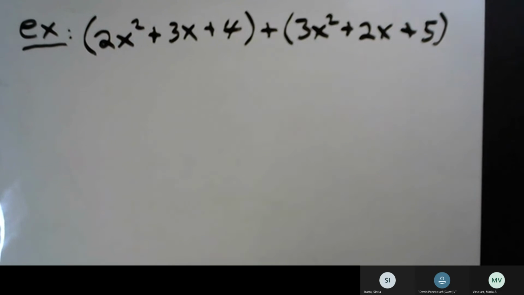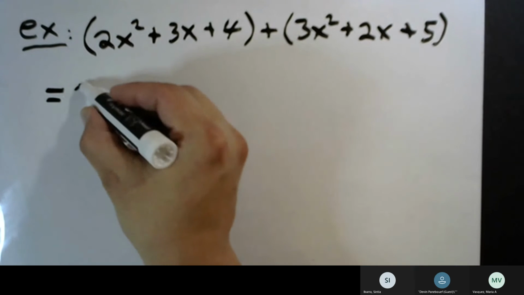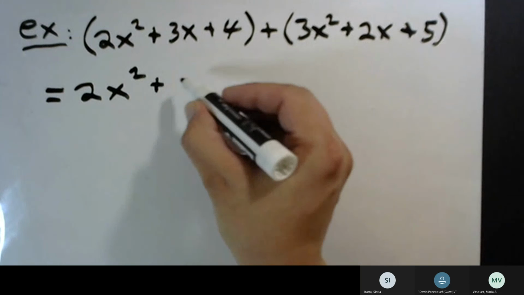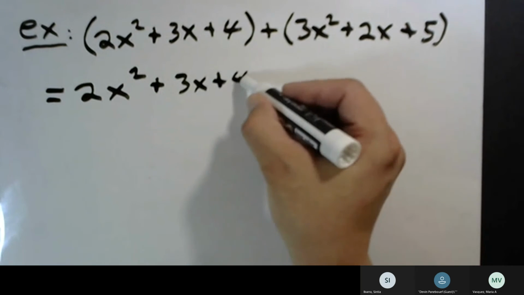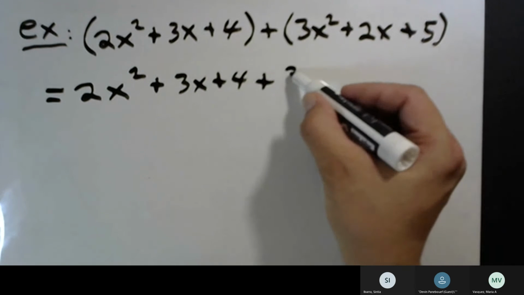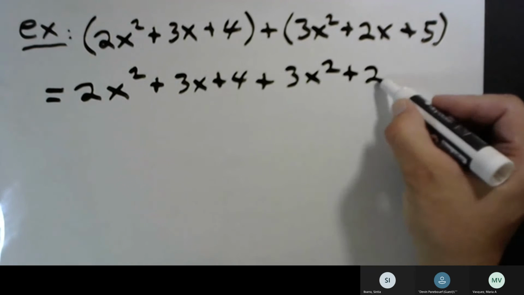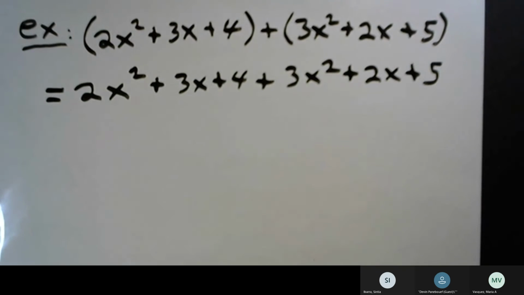They're not necessary. Where they're going to be significant is if we have something multiplied to the outside, and then we'll have to use distribution, or if there's a minus sign on the outside, we'll have to use distribution to get rid of the parentheses.